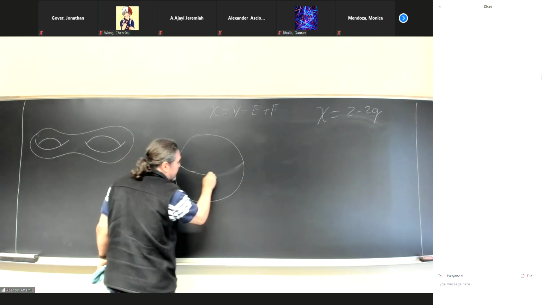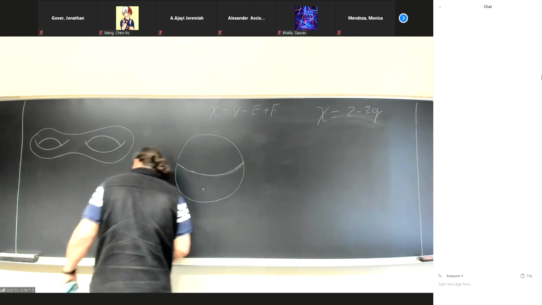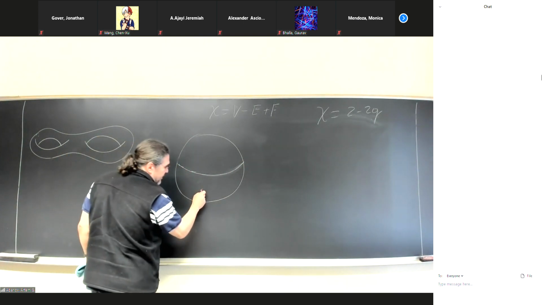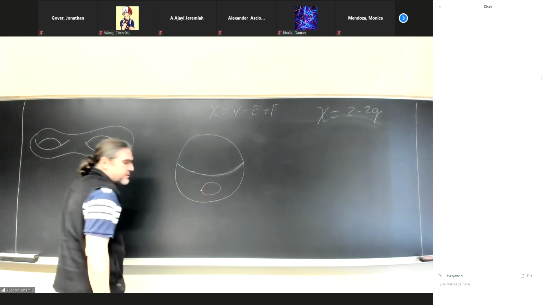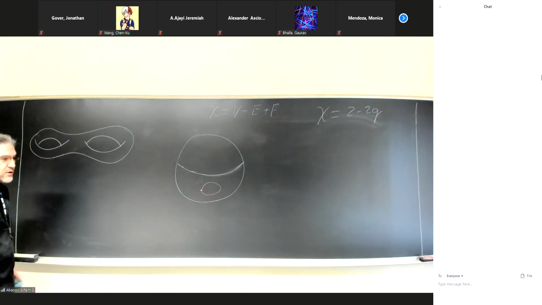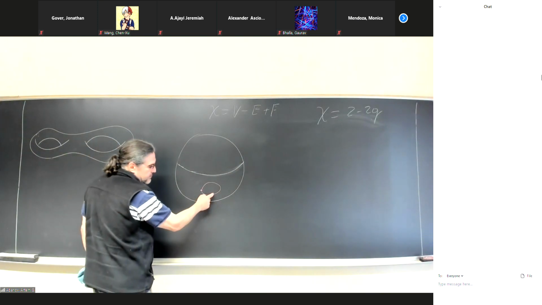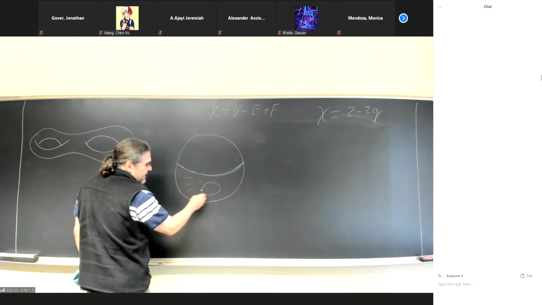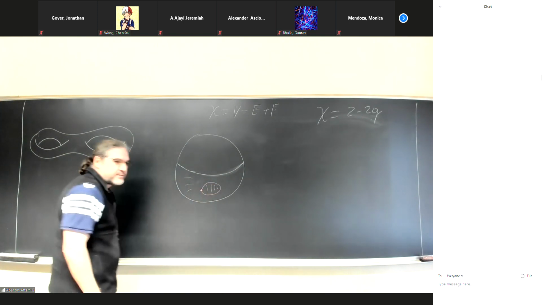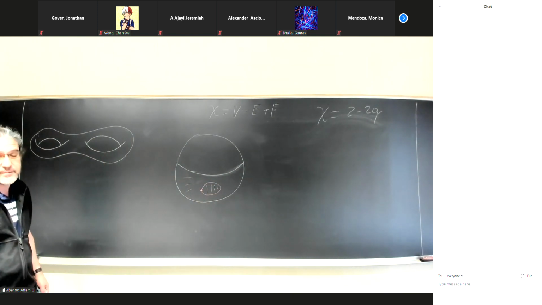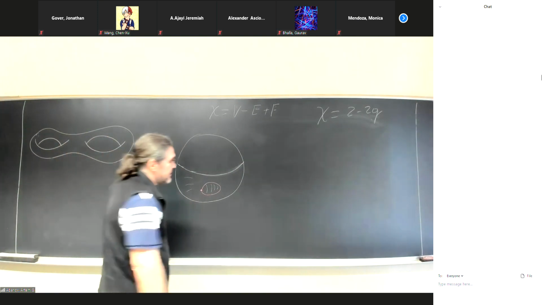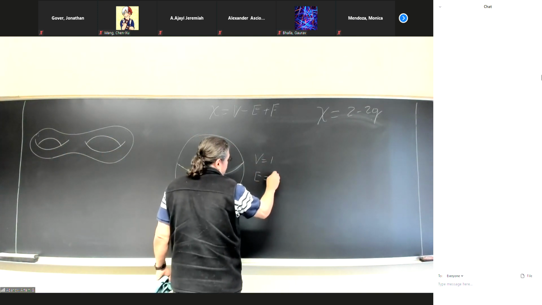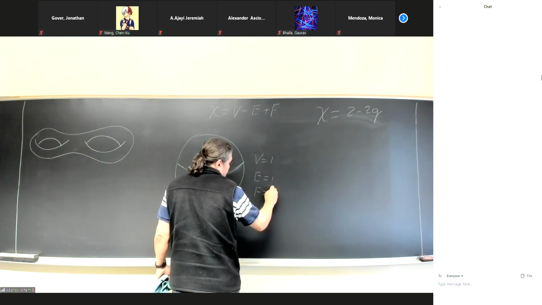Okay. I know. So let me use another color. So my polyhedron is, I put one point here, and I put one loop on it, like this. So this is my edge. This is my vertex, and I have two faces. This face and this face. Right? So what I have here: number of vertices equals 1, number of edges equals 1, number of faces equals 2.